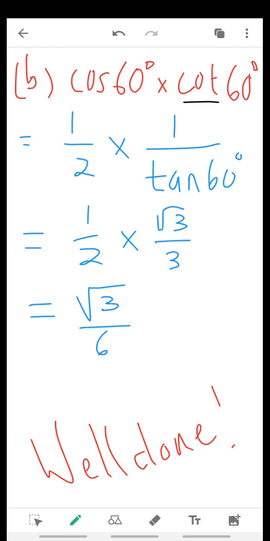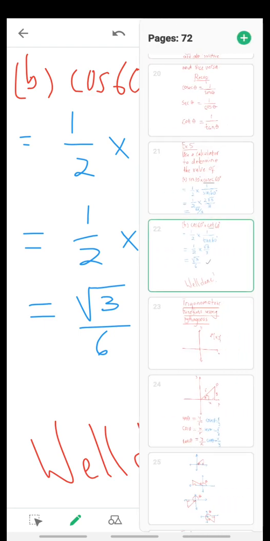Cot 60 degrees is equal to 1 over tan 60 degrees. So cot 60 degrees is 1 over 2 multiplied by, what is 1 over tan 60 degrees? It's root 3 over 3. And when you multiply, you get root 3 over 6 as your answer. Well done. And I hope we are moving together.